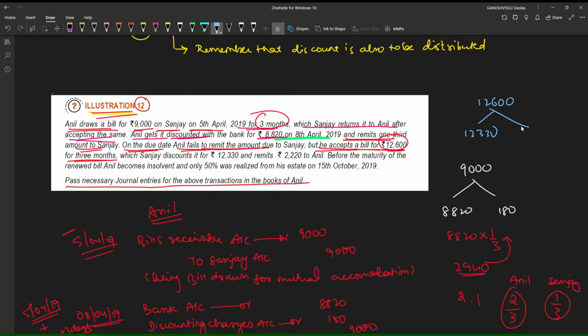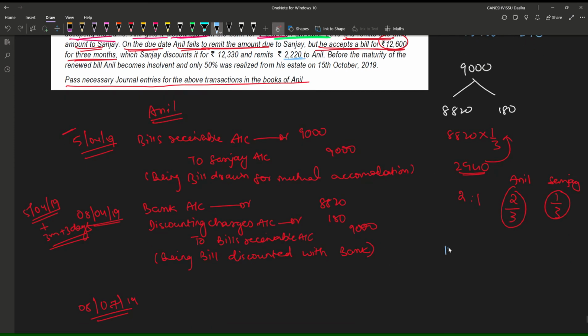And what would be the discounting charges? 12,600 minus 12,330, 270 rupees is the discount. And he remits 2,120 to Anil. And out of this 12,600, what is the previous bill amount? 9,000. 3,600 is the remaining bill amount.